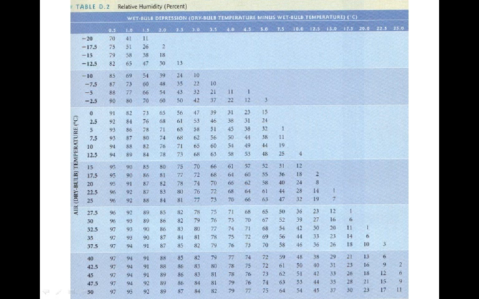Across the top, we have the wet bulb depression. And just like we did in the previous problems, we're going to find our temperature on the left side, which was 35 degrees. Across the top, once again, we have our wet bulb depression of 5 degrees Celsius. We draw our line over from the left, and we come down from the top axis. We see that our relative humidity is 69%.